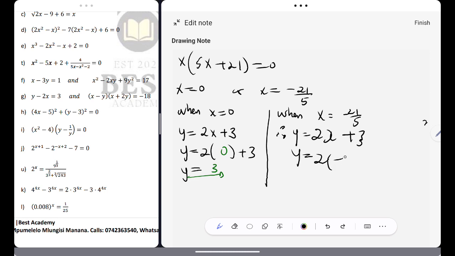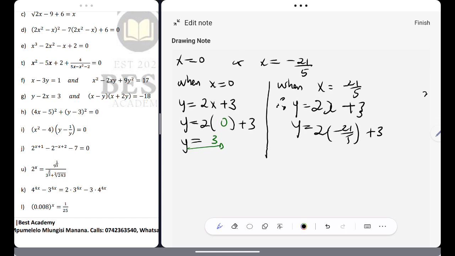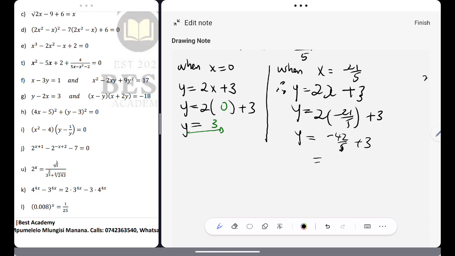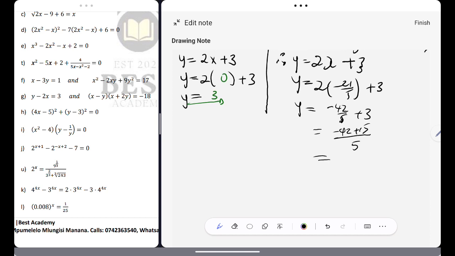In this case, our x is negative 21 over 5, so 2 times that plus 3. y is equal to negative 42 over 5 plus 3. Guys, you can just punch your calculator. I don't have it with me, so I'll do this calculation manually. Minus 42 plus 15. What is 15 minus 42? Okay, let me do it here.